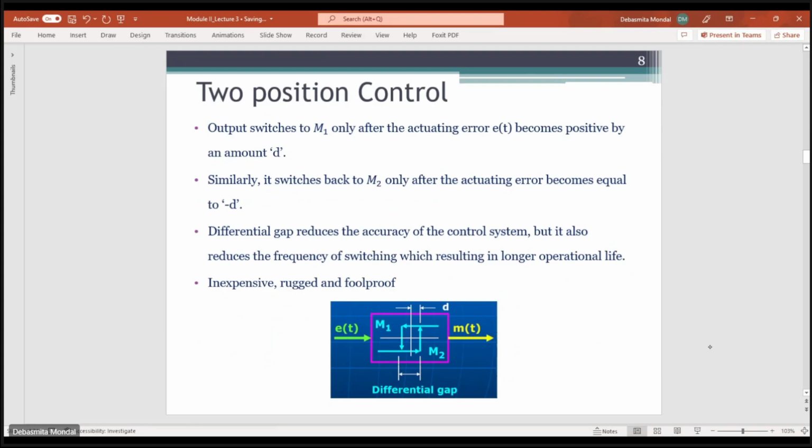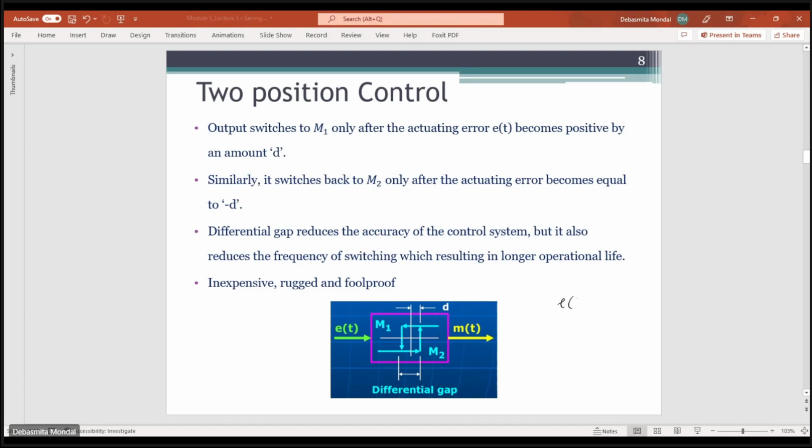Here it's explained in a better way. The output M(t) switches to M1 only if the actuating error E becomes positive by at least D amount.